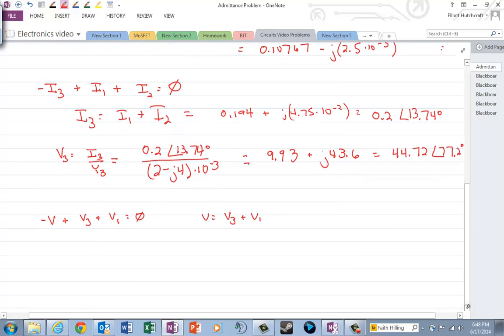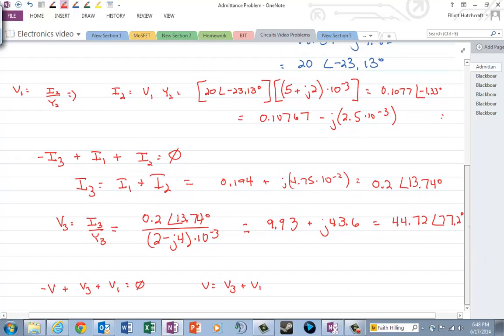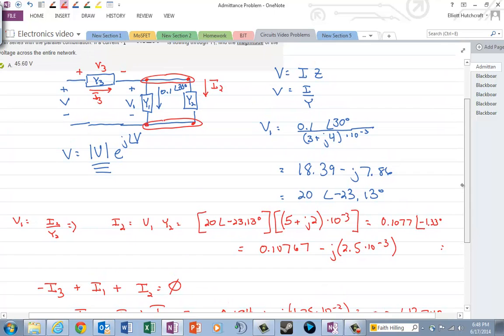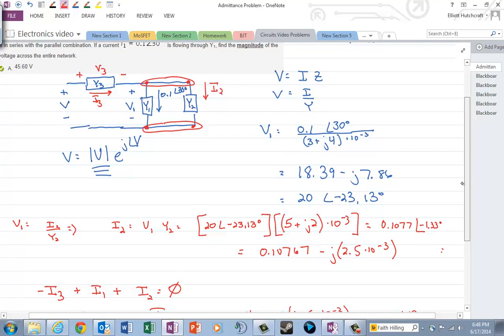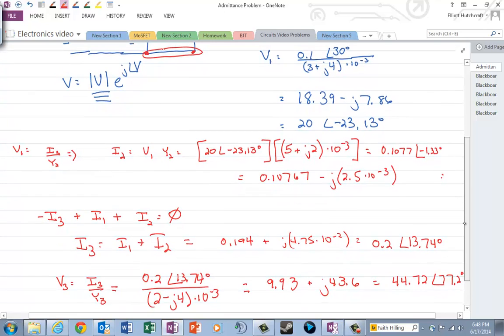So that's what I have to calculate: 44.72 angle 77.2 degrees plus, what was V1? V1 was 20 angle minus 23.13 degrees.